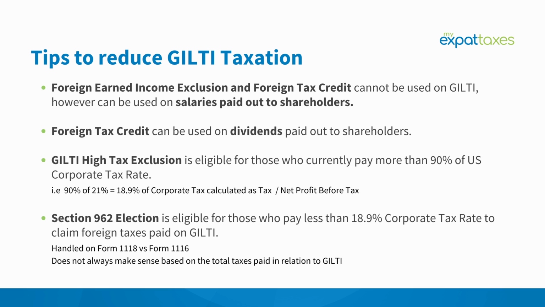And if really needed, we can use a Section 962 election, which is eligible for those that pay lower than 18.9% corporate tax rate, meaning we use your corporate taxes to then try to offset the GILTI. It will always still result in some tax. And it's not useful for everyone, but it is obviously useful for those that are having 100K net profit with maybe 11% corporate tax. So we can at least offset some of the US tax.